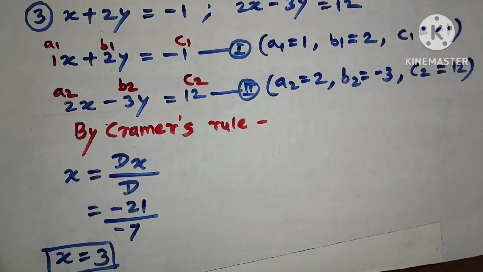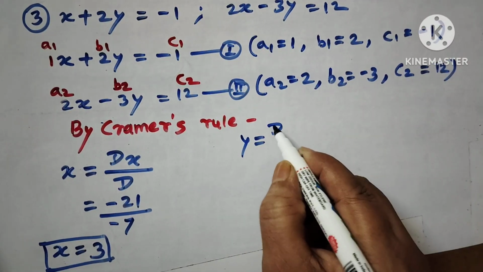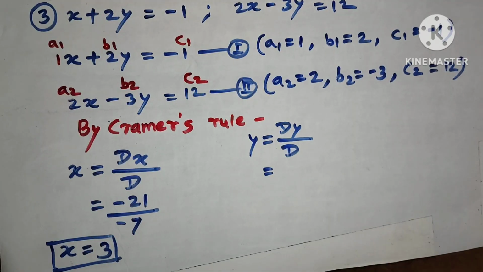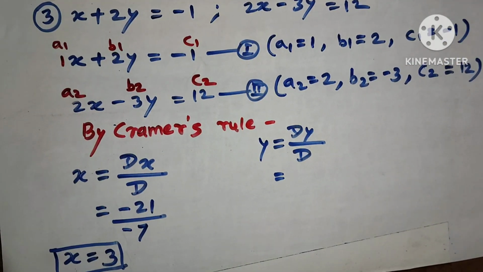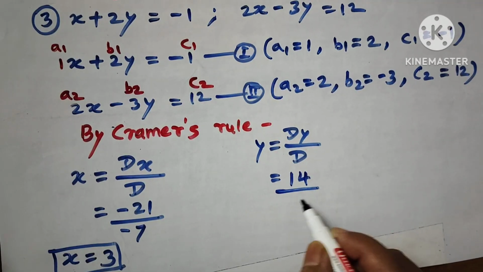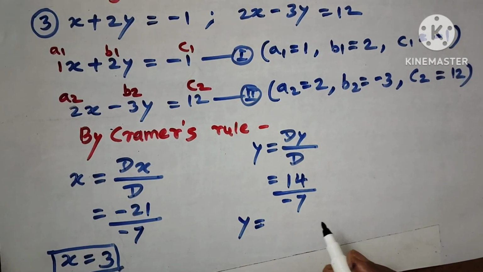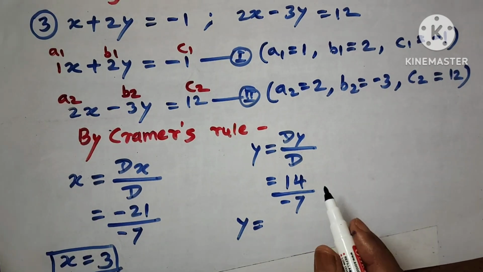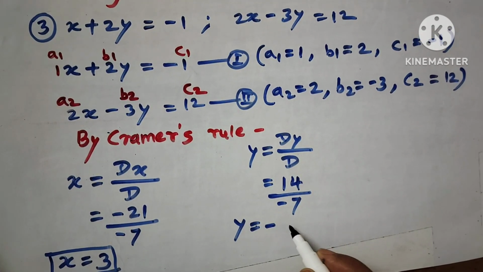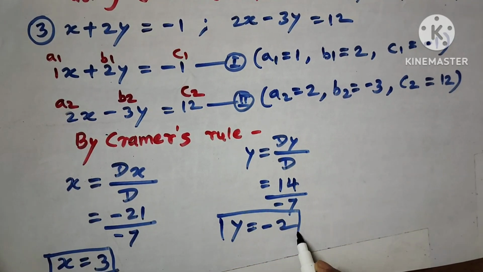Value of x is equal to 3. y is equal to Dy upon D, which is 14 upon -7. 7 into 2 is 14 with a minus sign, so y is equal to -2.